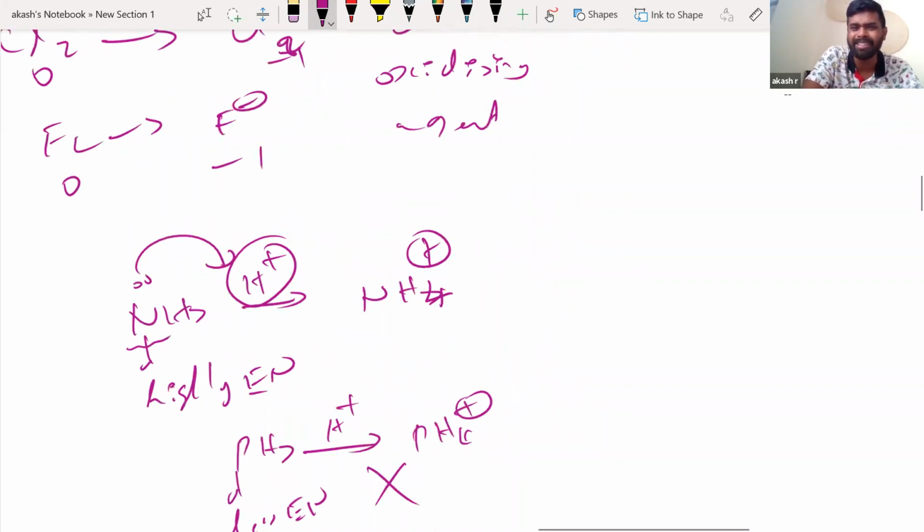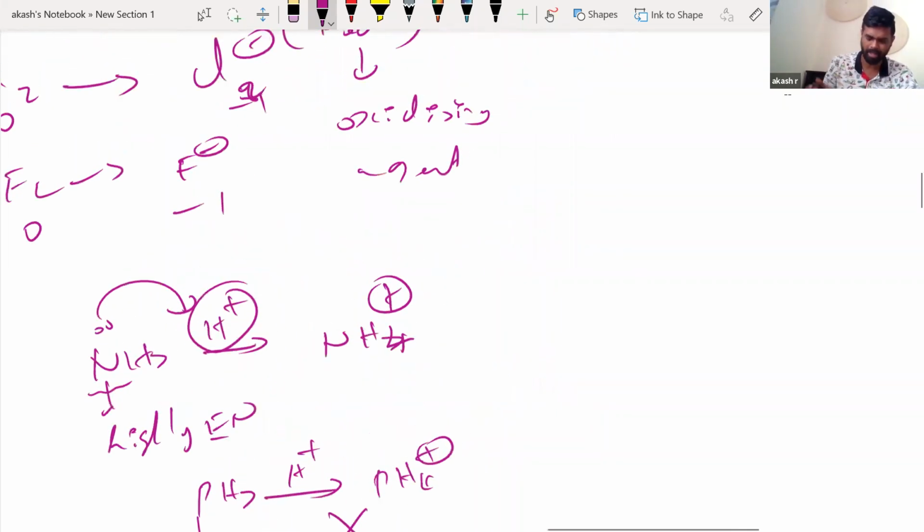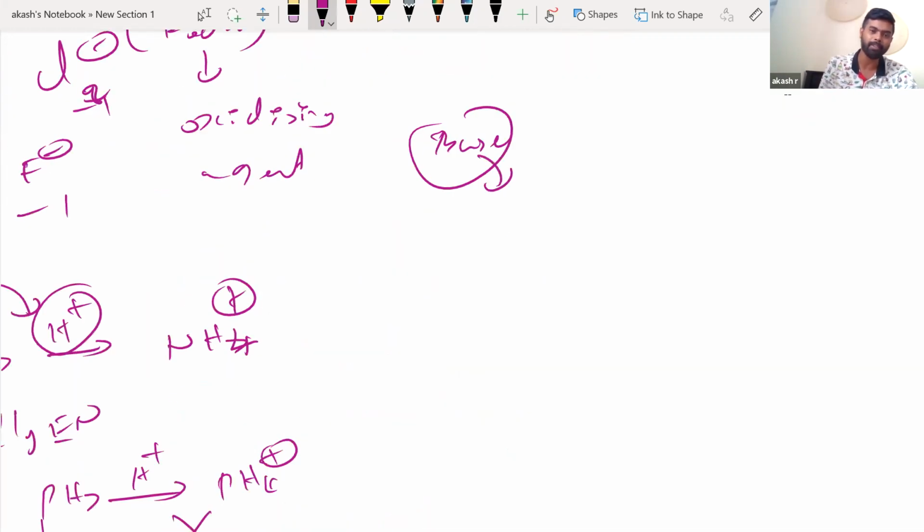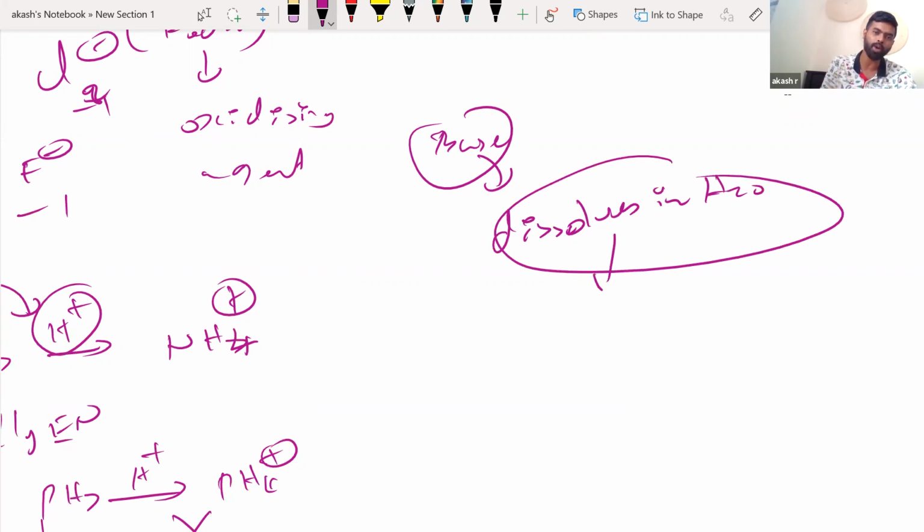Okay, it makes sense. Now, how do I define a base? It is something which dissolves in water. Once it dissolves in water, it should give me OH minus ions. Then only I will call it a base.